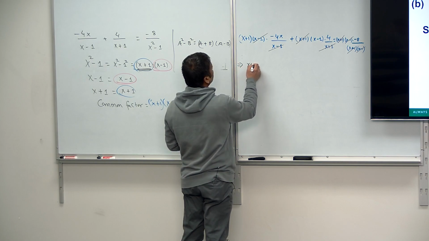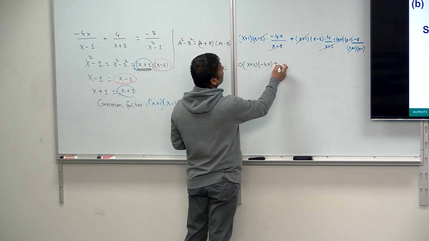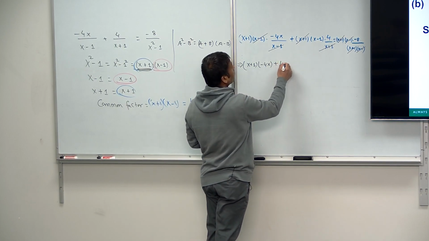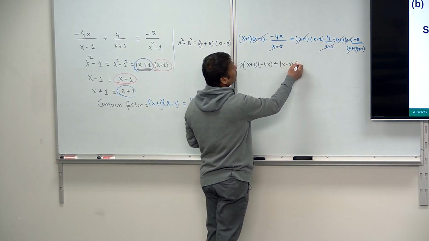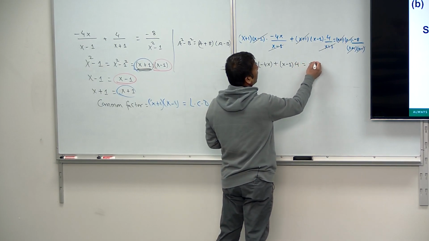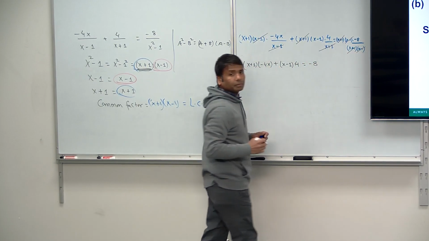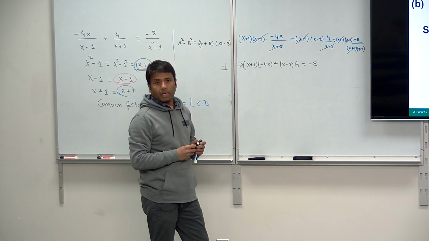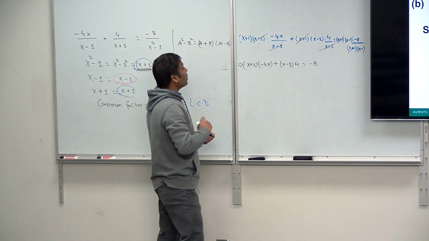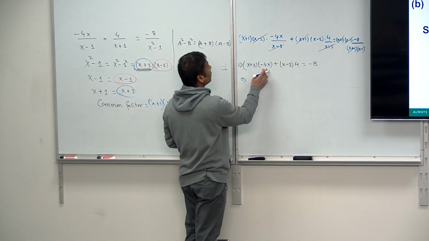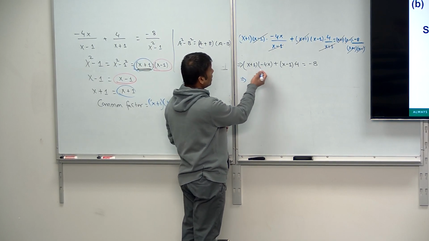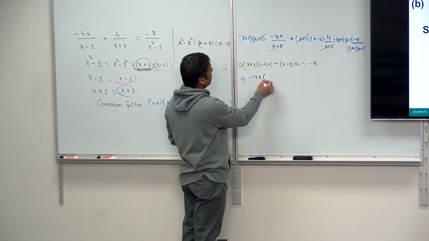You have x plus 1 times negative 4x plus x minus 1 times 4 equals to what? Negative 8. Right? So now you distribute this negative 4x. This is the same as negative 4x times x plus 1.